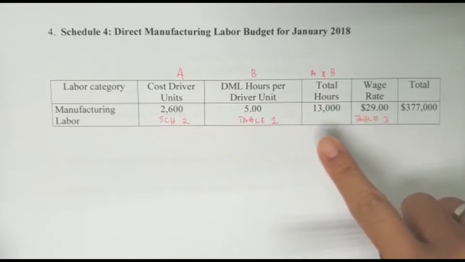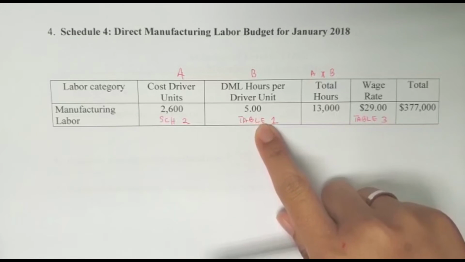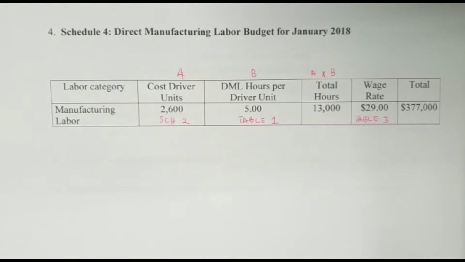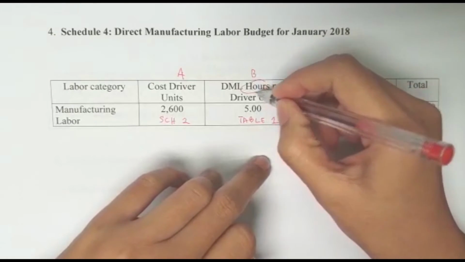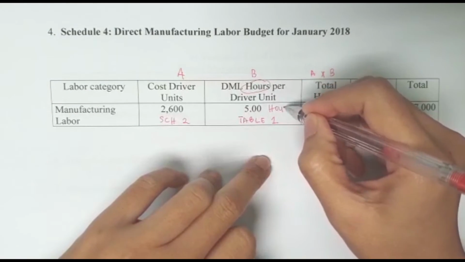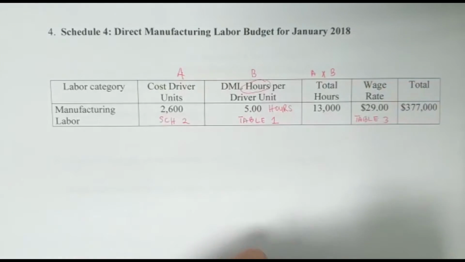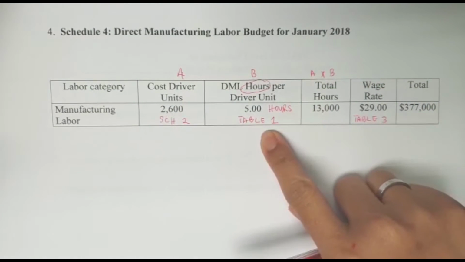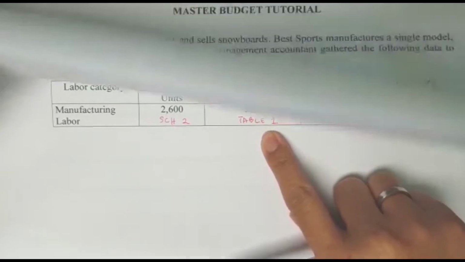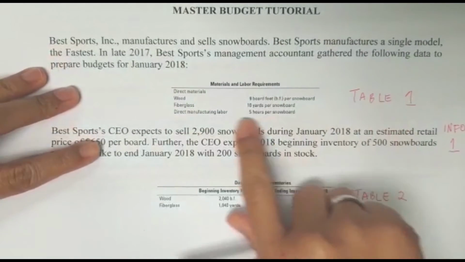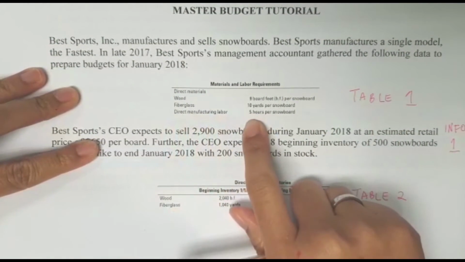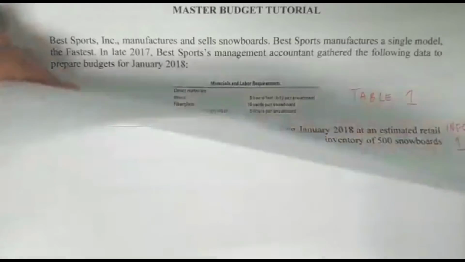The number of hours spent for each board is 5 hours. I have to make it clear this is referring to hours. We get this information from table 1. Go to table 1, and we can see here direct manufacturing labor is 5 hours per snowboard.